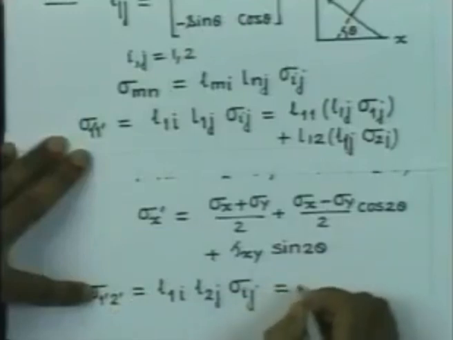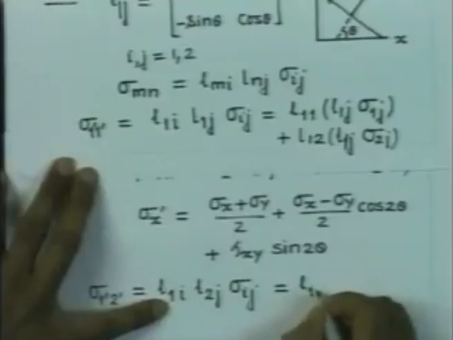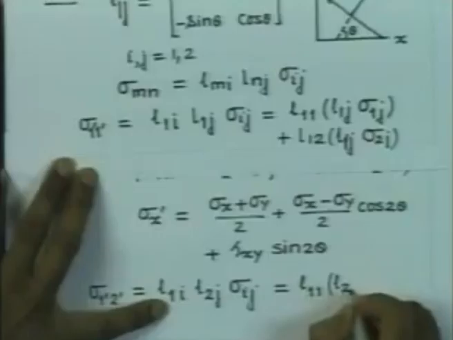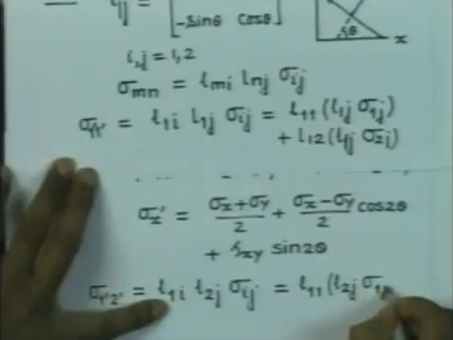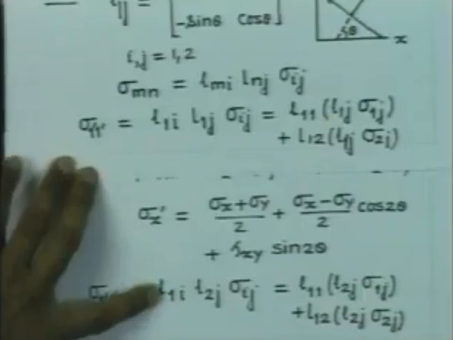So, this is how we are going to get the link of the new system to the old system, and again we are going to have expansion of I first. So, it is L 1 1 L 2 j sigma 1 j plus L 1 2 L 2 j sigma 2 j.